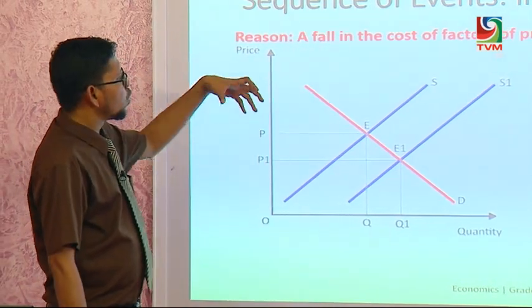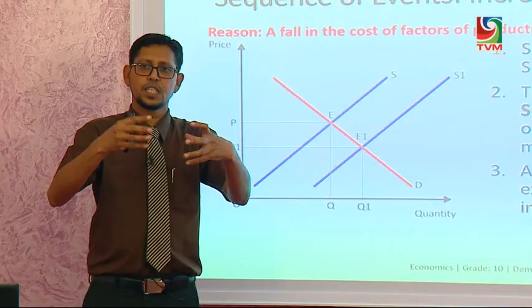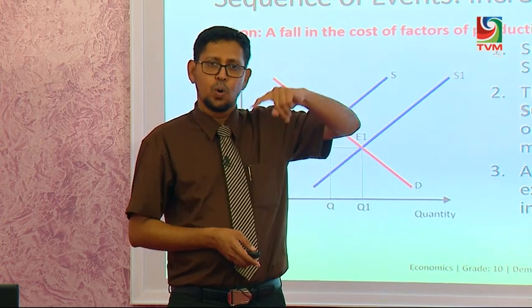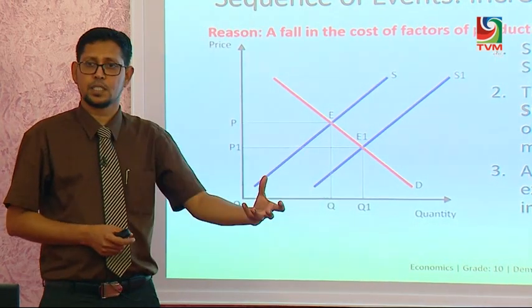So when the costs of production, for example wages or raw material costs or even rent, fall, the firms, the businesses, have more working capital with them, so they will be able to buy more raw materials or hire more laborers.